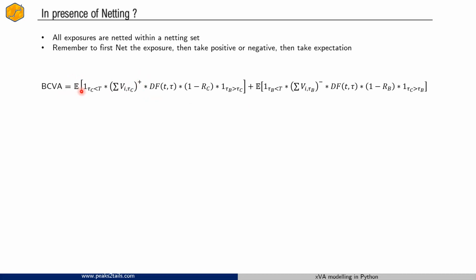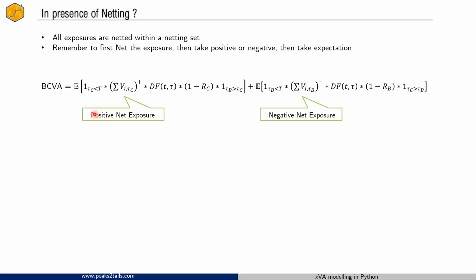Netting means you add the raw exposures together. Do not take the positive part first and then net them. That doesn't make sense. First you do the netting as is on the raw exposures, then you just plug in this equation as is. That's all you need to do in presence of netting. All right.